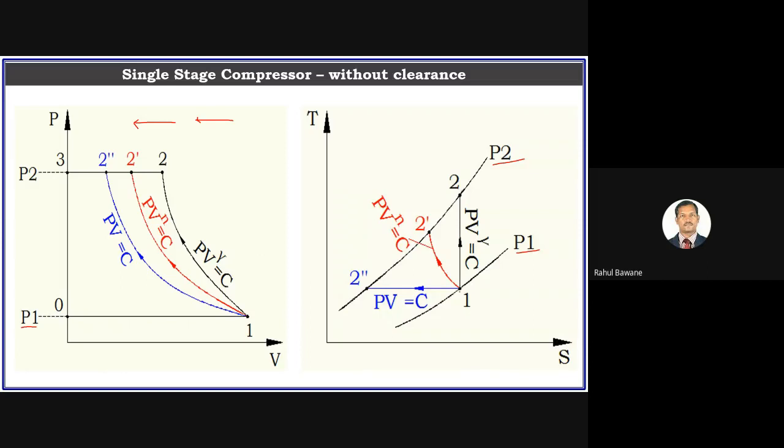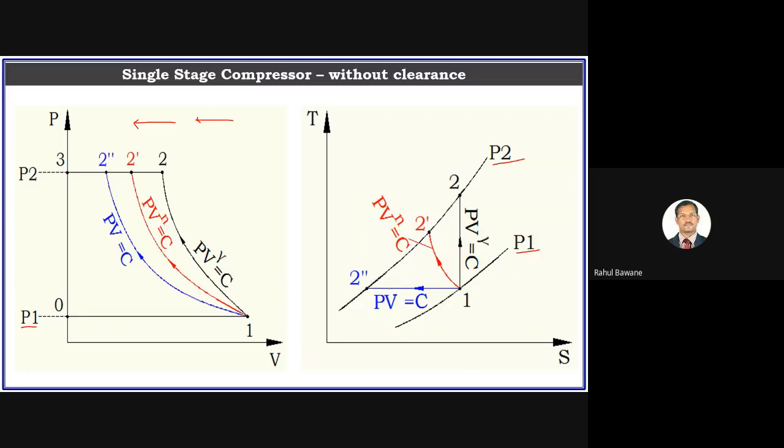So we get a vertical line from pressure P1 to pressure P2. So 1 to 2 is our isentropic compression. If we maintain the same temperature throughout the compressor, that means we are following the isothermal process. So our compression pressure changes from the P1 line to the P2 line, but temperature remains the same. So we get 1 to 2 double dash.